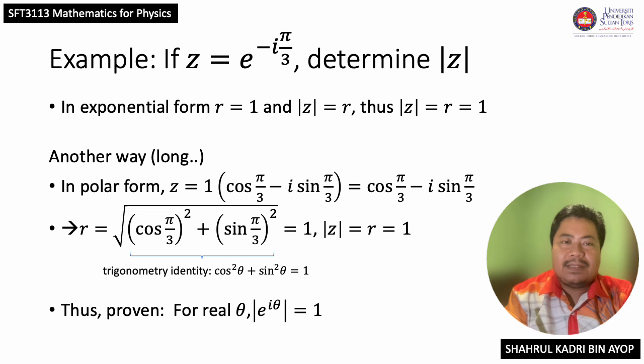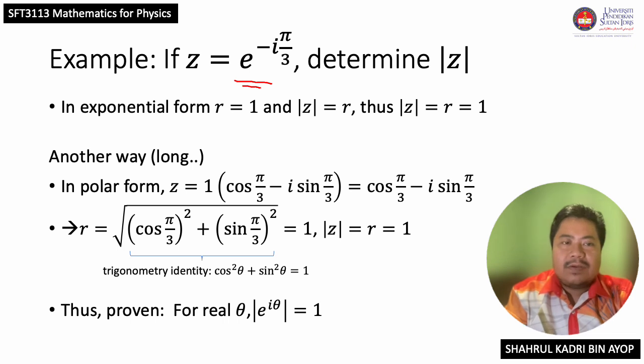For example, if you are given the complex number in an exponential form, which is exponential power of negative i pi over 3, how could you determine the modulus of this complex number?